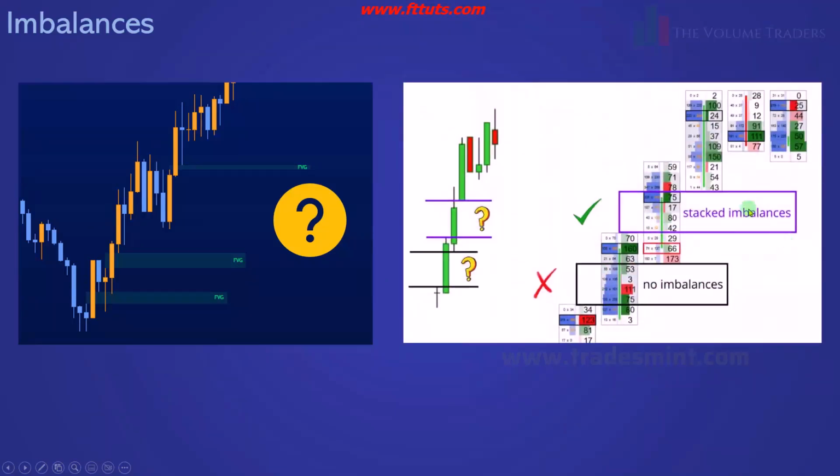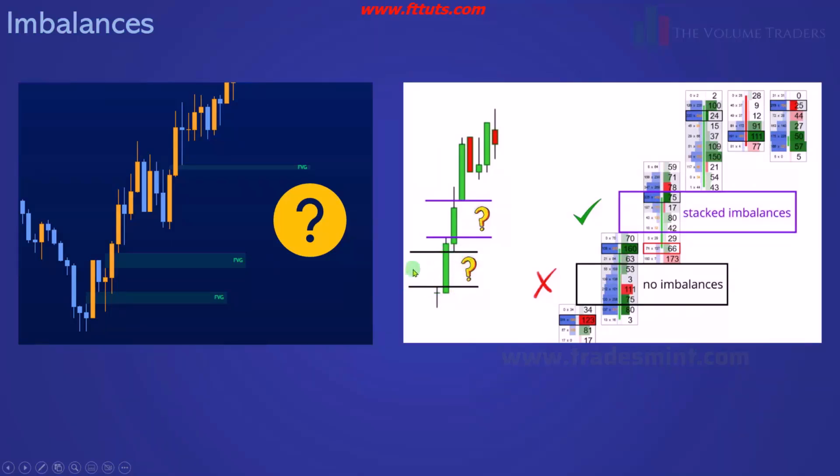Here we also have two fair value gaps, but on the lower one there were no imbalances. It's a very balanced candle with a normal volume. But the algorithm on TradingView will mark this as a fair value gap, because this wick from that candle and the first one didn't meet each other.